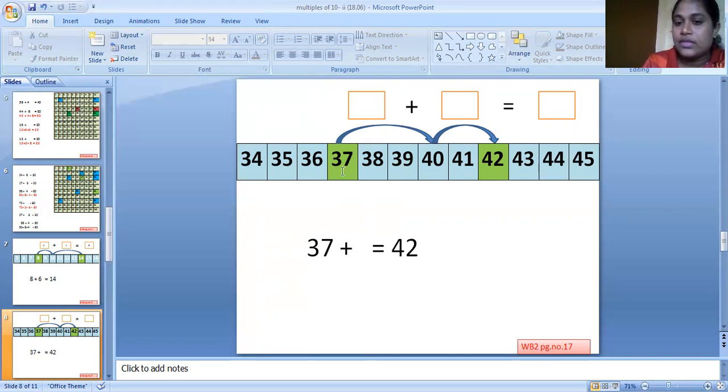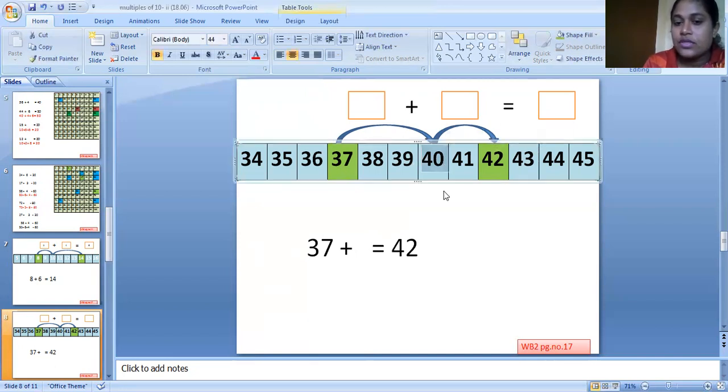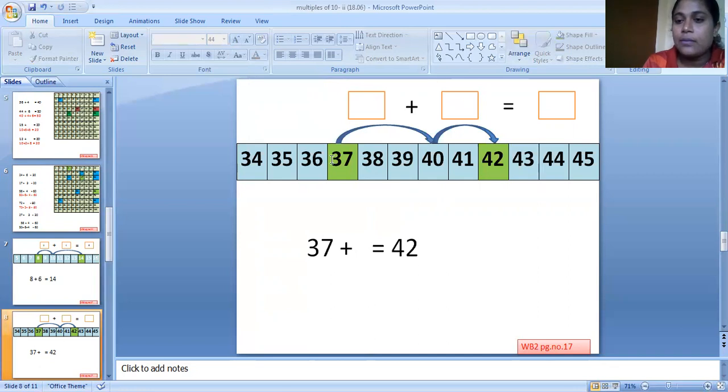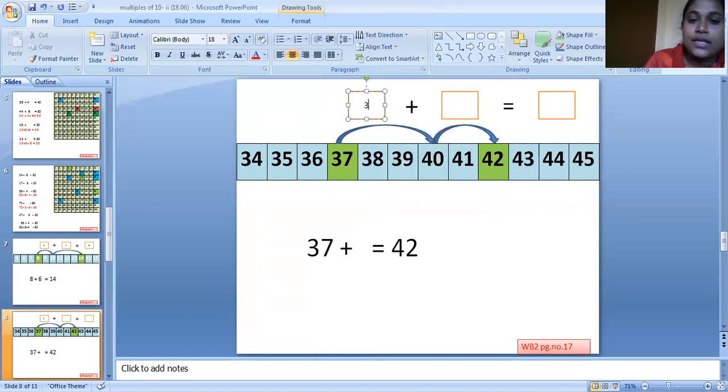So the next complement of 10 to 37 is 40. So first I will jump to 40. 1, 2, 3. So I have to jump 3 times to meet the next complement of 10.